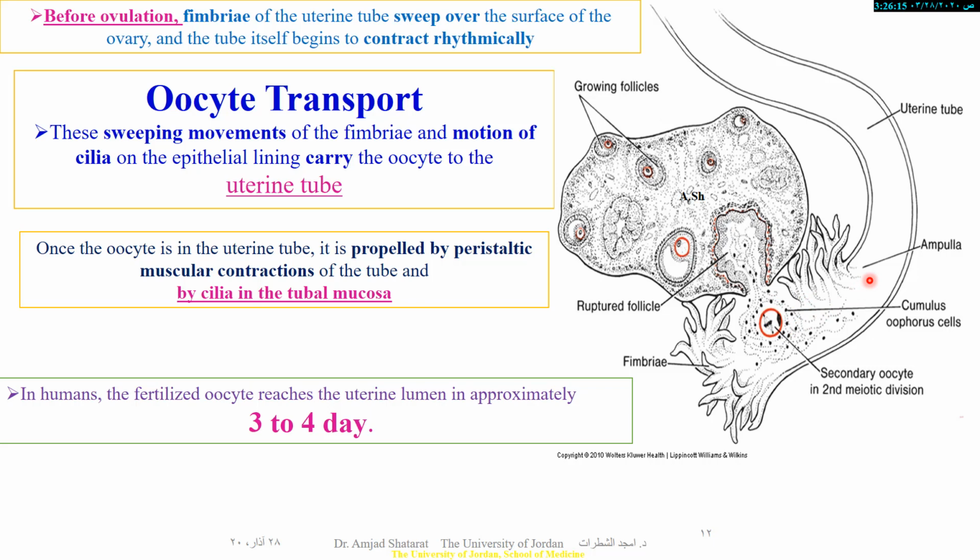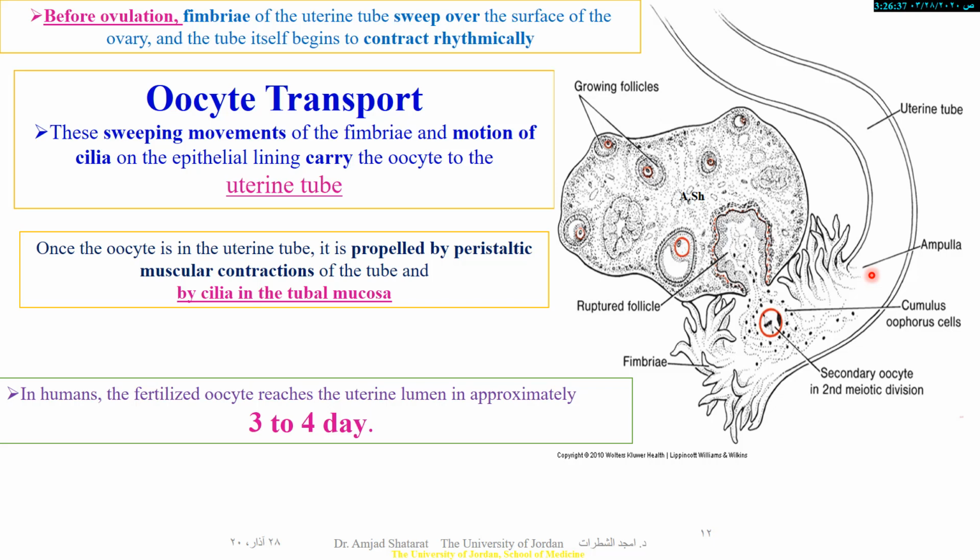infundibulum, and from the infundibulum the cilia and the rhythmic contraction of the smooth muscle in the wall of the uterine tube would carry the secondary oocyte to reach this area, the ampulla.